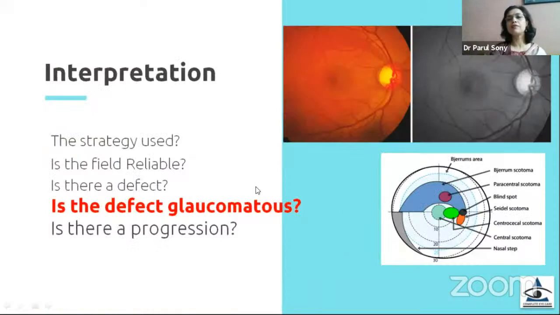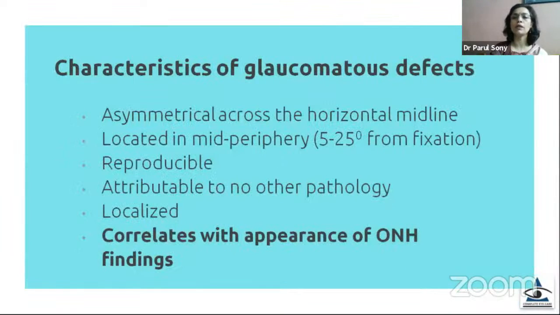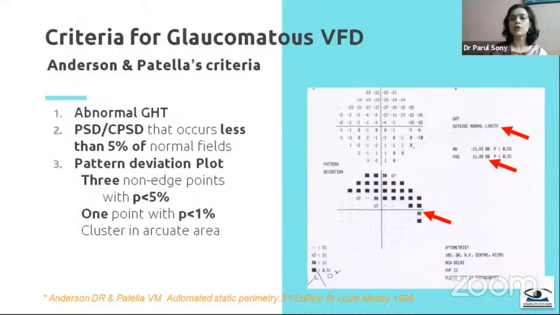So once we have detected that the patient has a field defect, we have to know whether it is glaucomatous or non-glaucomatous. Now we know that for glaucomatous field defects, a very important thing is that you have to always correlate them with the optic nerve head findings, and clinical correlation is very important. You can also use the Anderson-Patella classification to know the definition of a glaucomatous field defect.